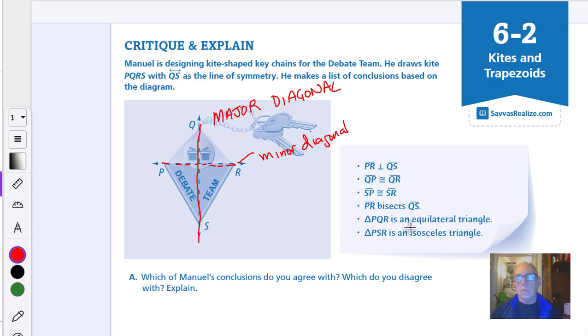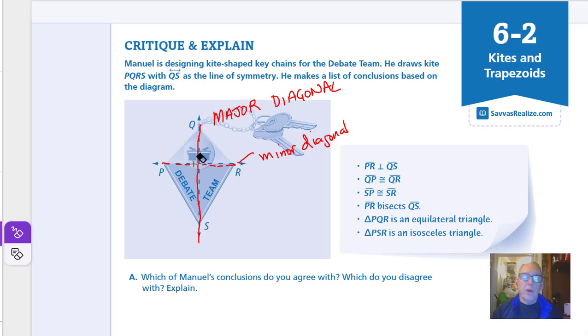And let's just kind of talk about this kite. Now, a kite is defined as a quadrilateral, has four sides, that has consecutive pairs of congruent sides.